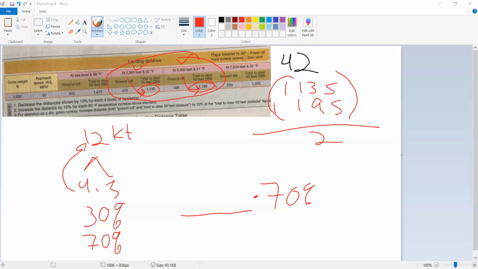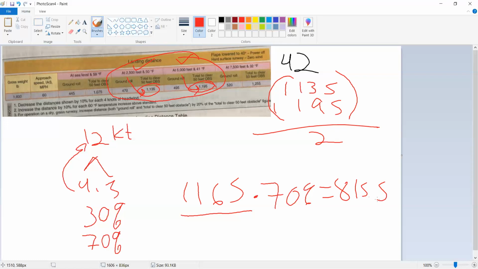Divide that by 2. We get 1165. So that's 1165 will go here. We need to multiply that by 0.70 or 70%. We get 815.5, which we can round off.